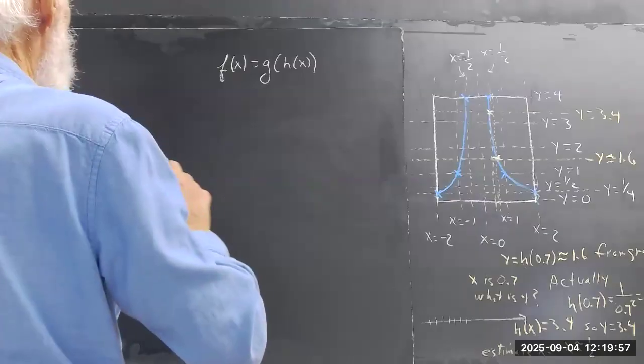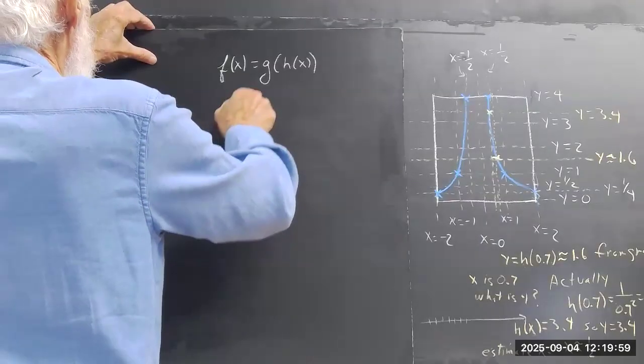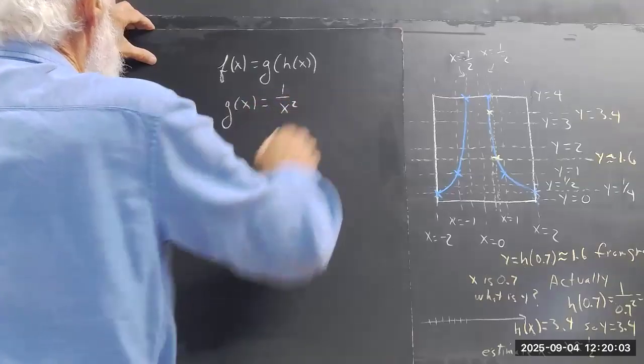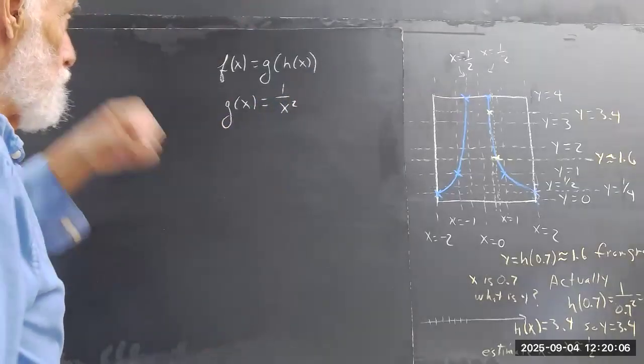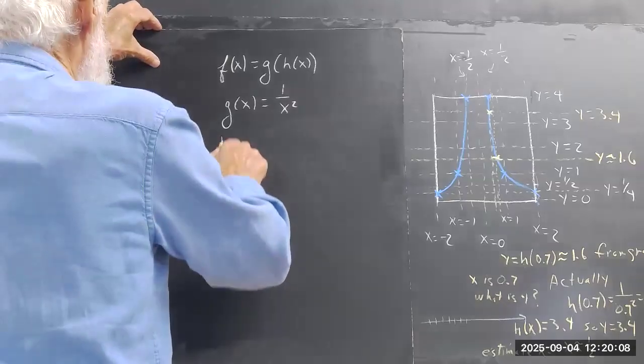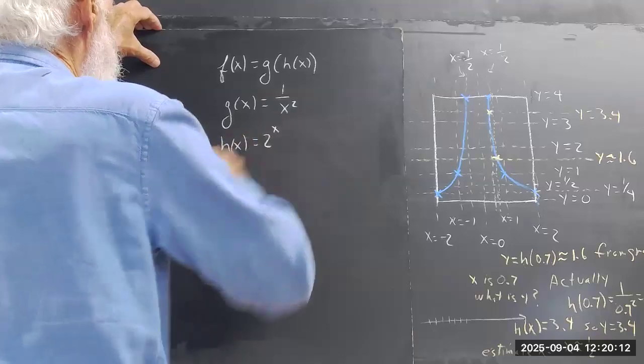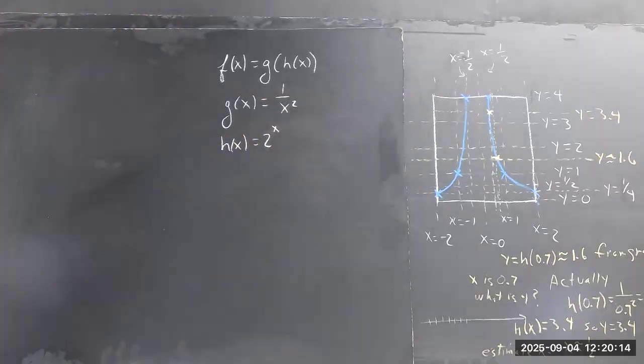h of x, g of x. Let's let g of x be our old friend 1 over x squared, and h of x equals 2 to the x.